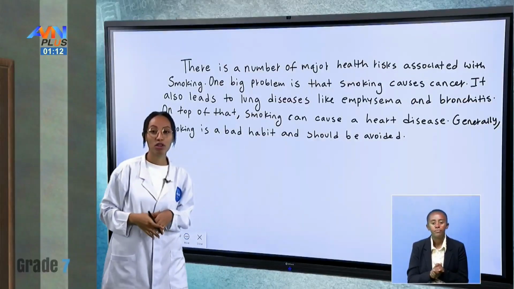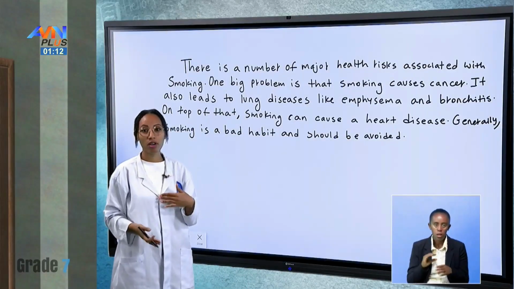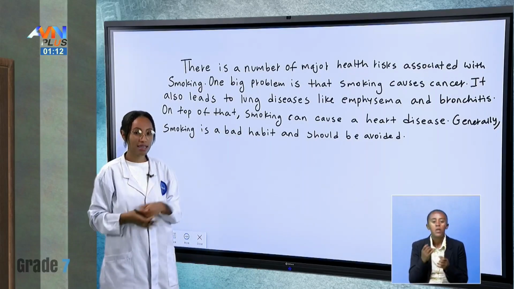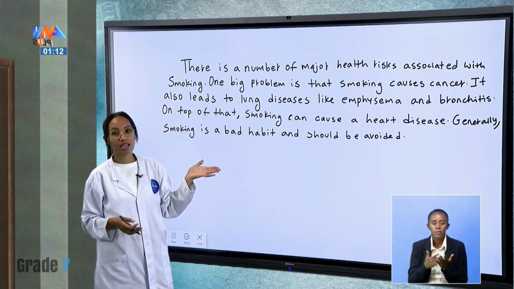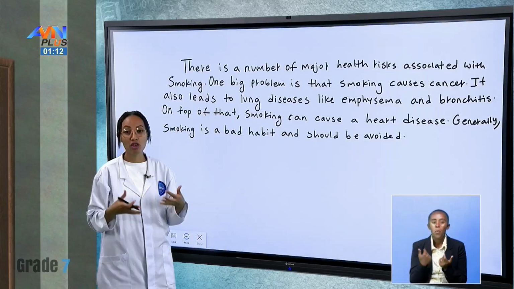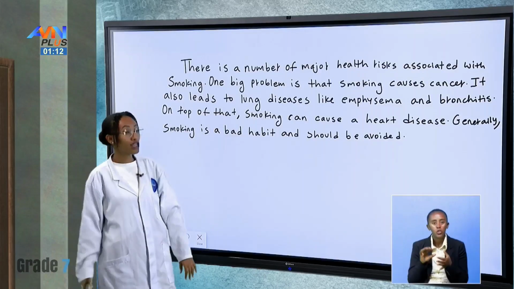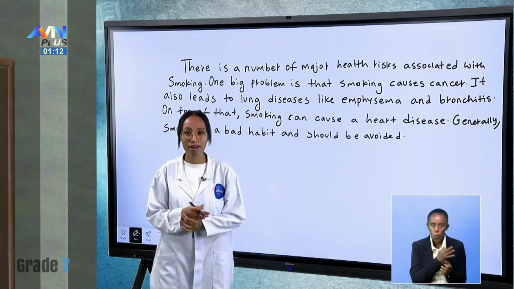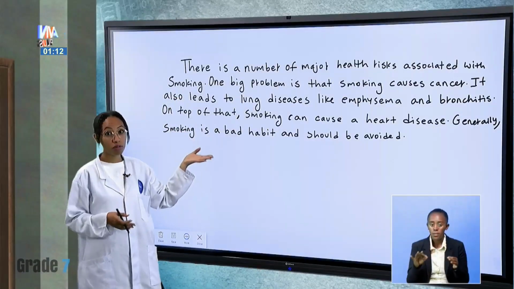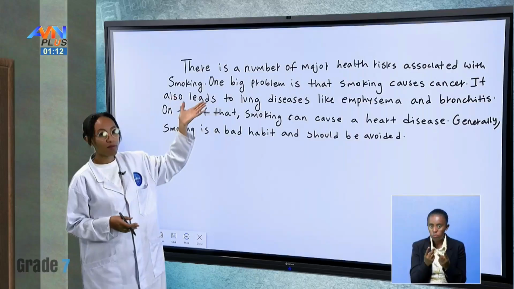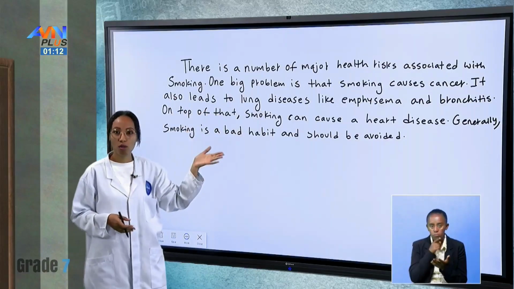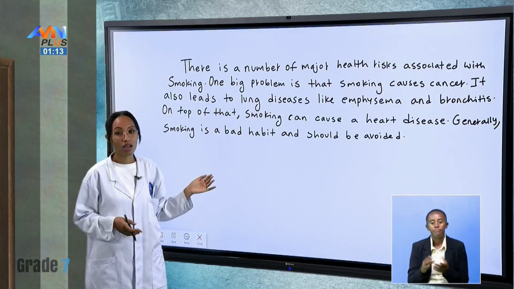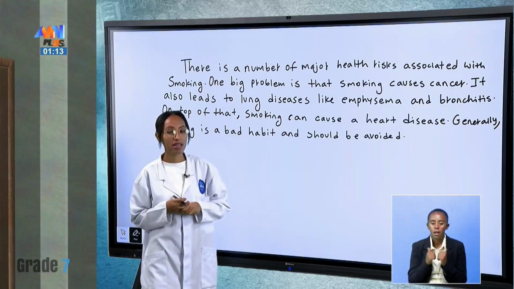So we have concluded our idea with a concluding sentence. So this is how we write a unified, coherent, and well-developed paragraph. From the topic sentence to the concluding sentence, we have given a really good flow of the sentences that we have presented here. So this is how you write a paragraph.